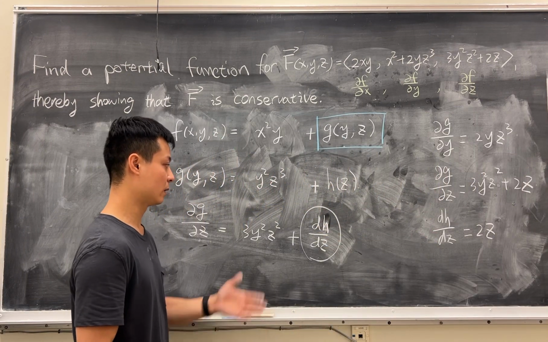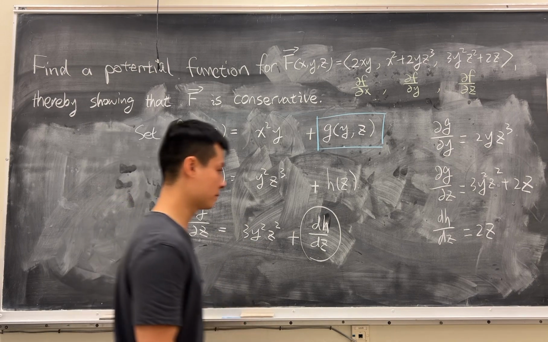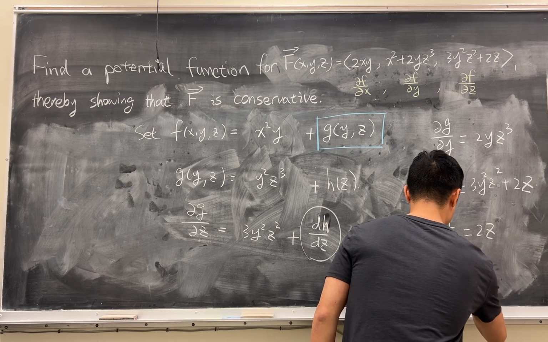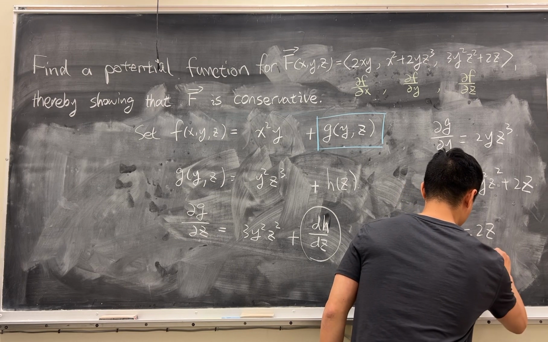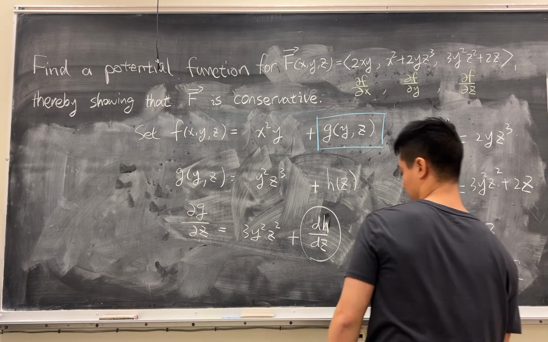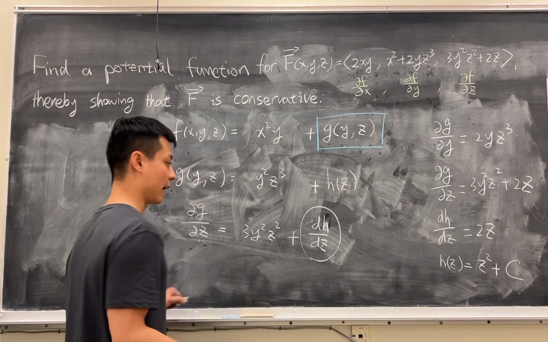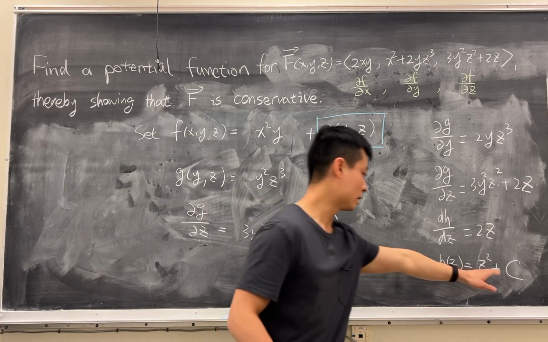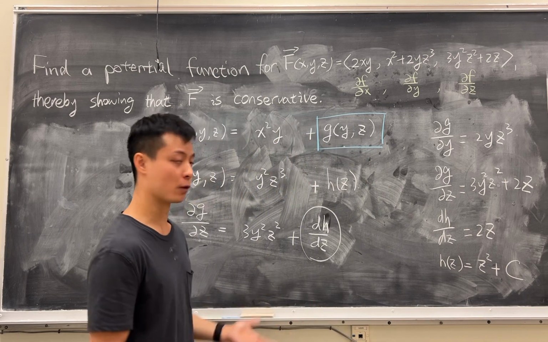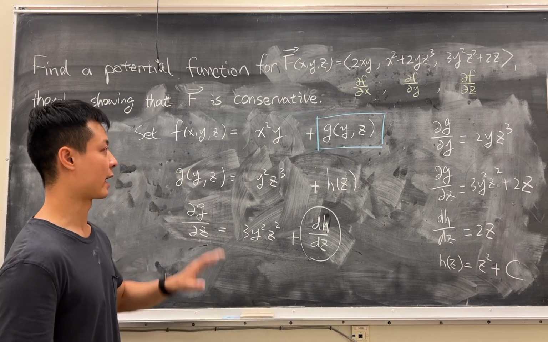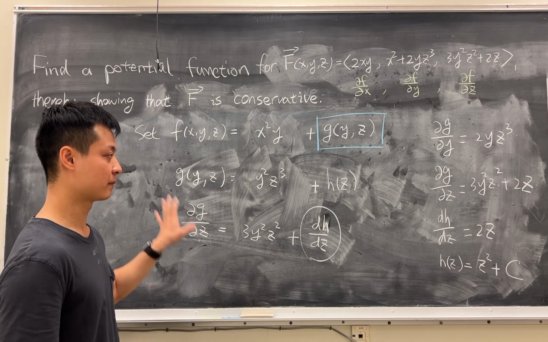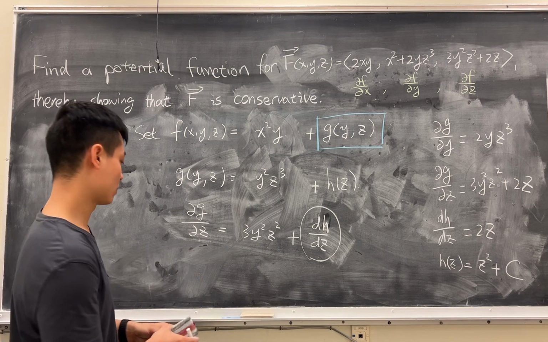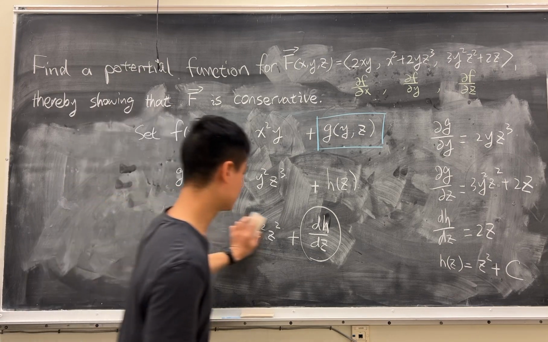Because of that, we can find the function h by integrating this with respect to z. We see that h of z is z squared plus c. We know that c is just any constant, and we usually take the constant c equal to 0 for convenience. We're not asked to find all the potential functions, we are asked to find just a potential function, so we can just take c equal to 0.